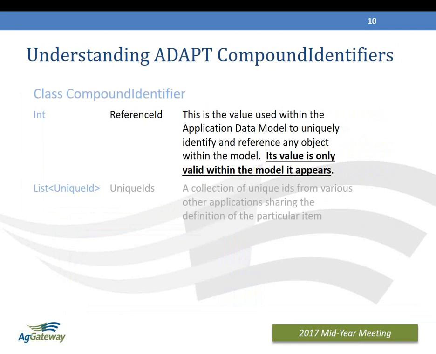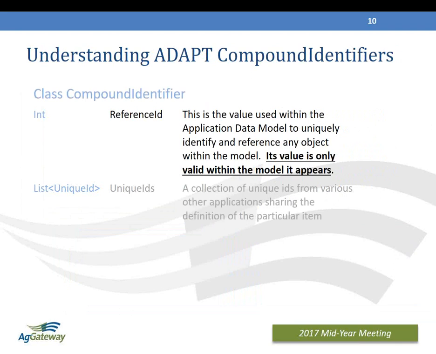Every compound identifier starts with a reference ID. That's a value that is used within the application data model to uniquely identify and reference any other object within the model. But you have to understand its value is only valid within the model that it appears.